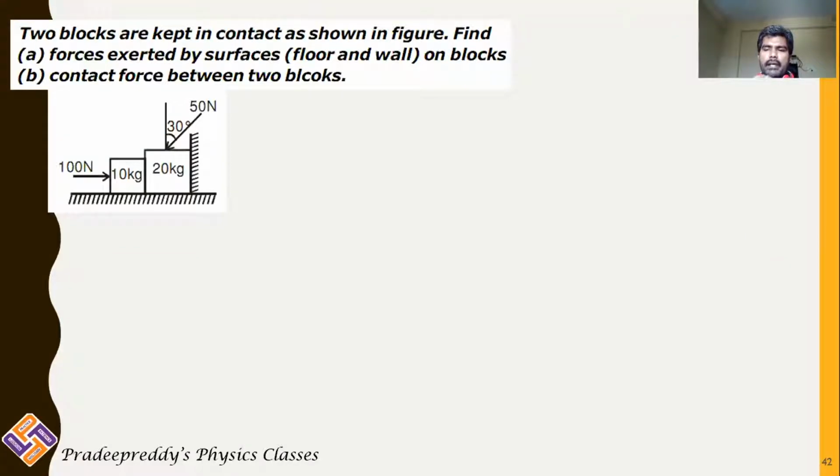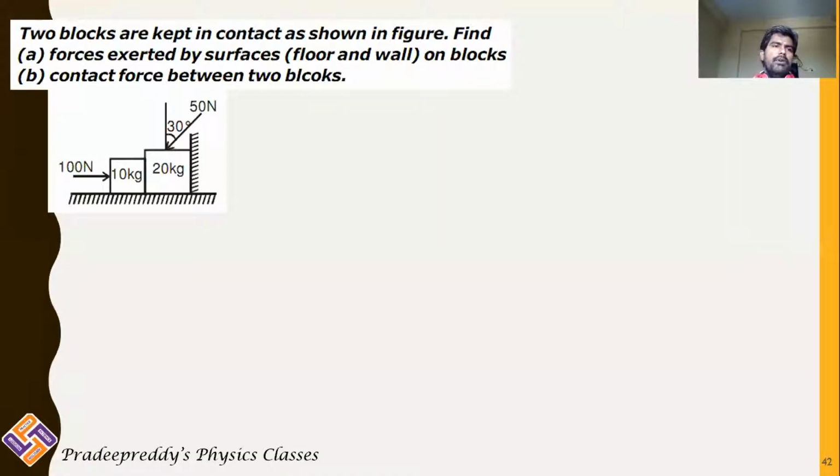A free body diagram is just a pictorial representation of a mass and all the forces acting on that particular mass. In the previous video lecture, we learned how to draw a free body diagram for any given situation. Today we will use that stepwise procedure and solve this problem which is displayed on the screen.